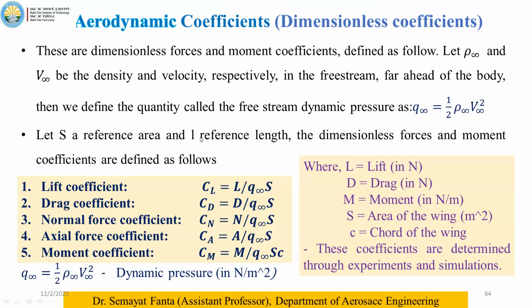So this is about the normal force, axial force, moment, lift and drag force components. The next one is the important aerodynamic coefficients, which we use rather than the exact aerodynamic force.